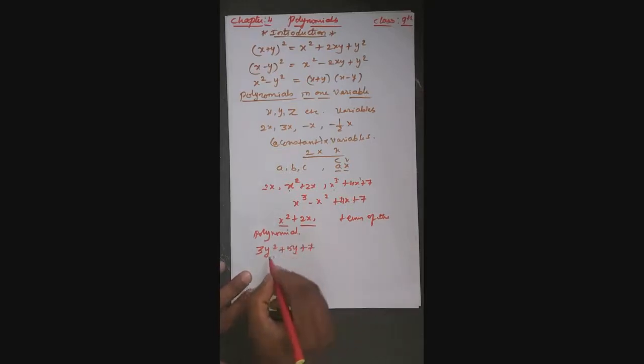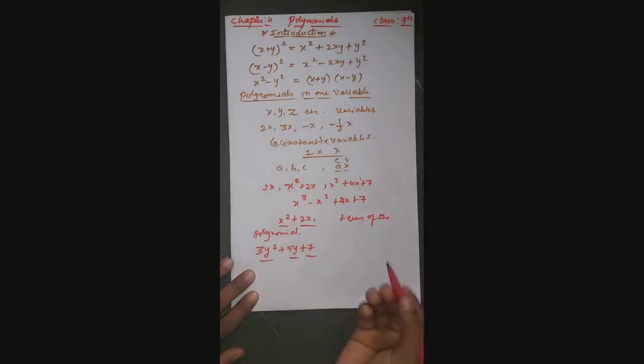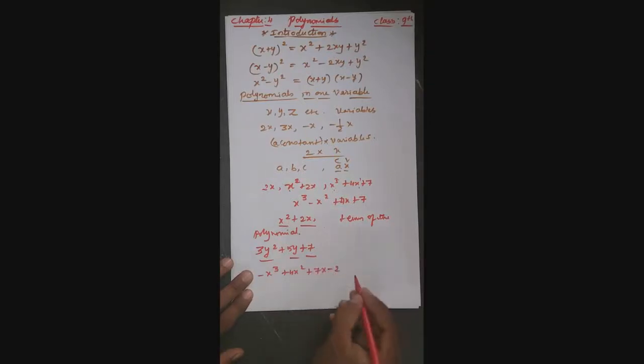How many terms? Three terms, namely 3y square, 5y and 7. Can you write the terms of the polynomial? One more: minus x cube plus 4x square plus 7x minus 2.